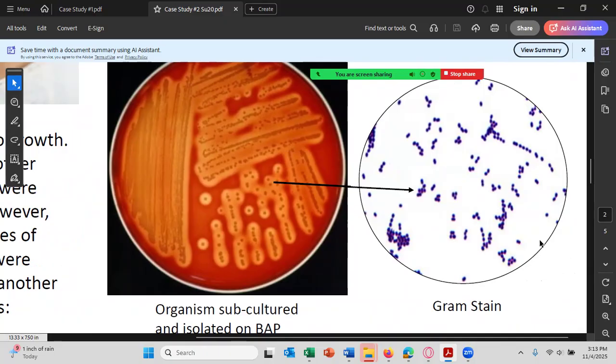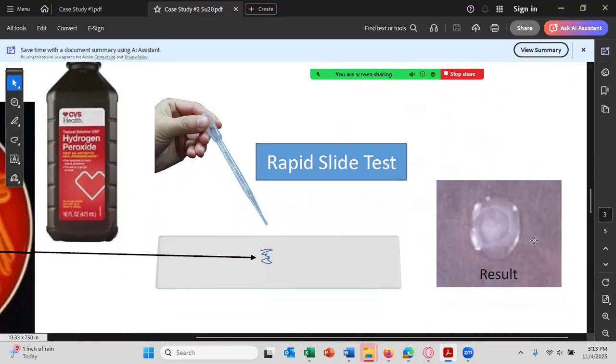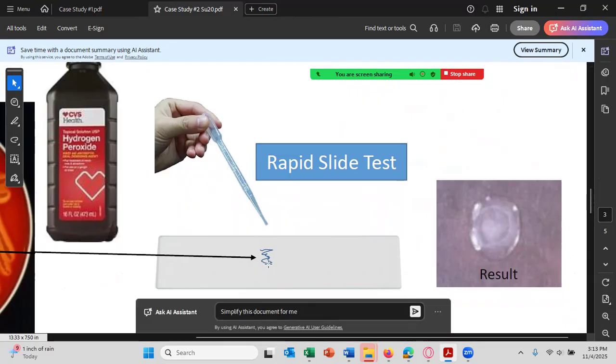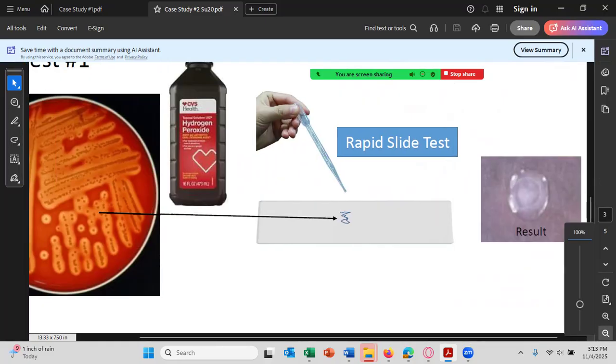So there it is. We then have some rapid tests. This is the catalase test. Taking the bacteria here, putting it on the slide, adding hydrogen peroxide. There's the result of the catalase test.